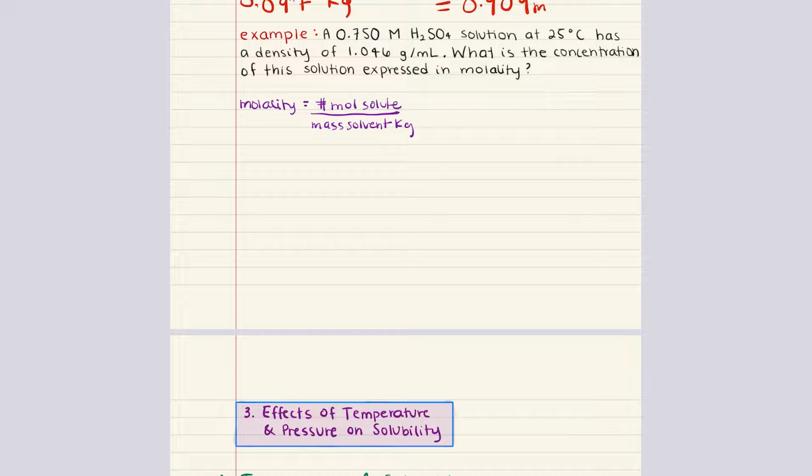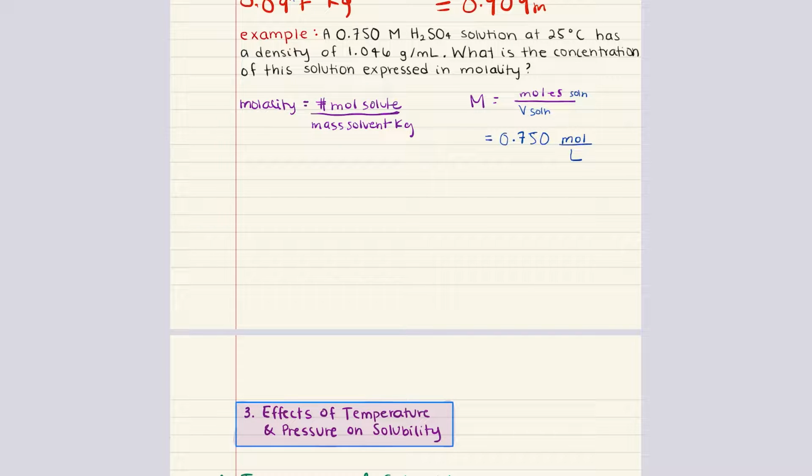Now that we've written this down, we also want to write down what we're given in this problem. This problem tells us that the molarity of the solution is equal to 0.750. Molarity is defined as moles divided by the volume of the solution. So we can write this as 0.750 moles divided by liter.